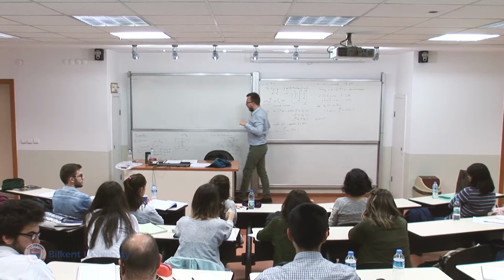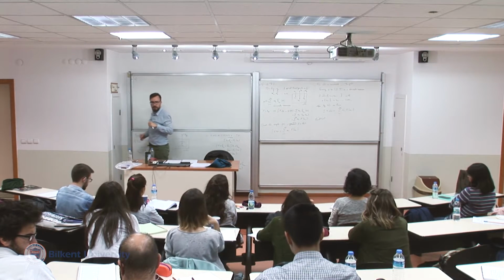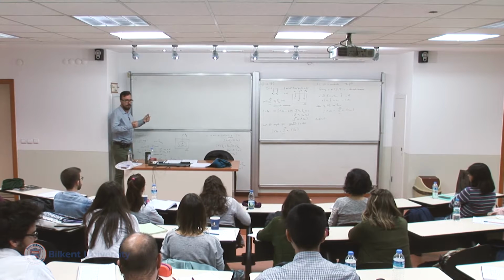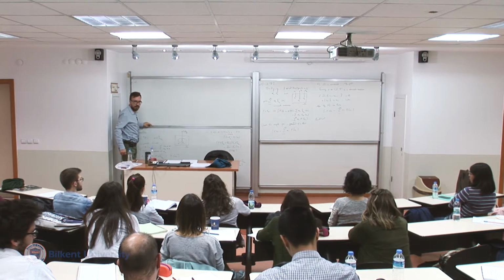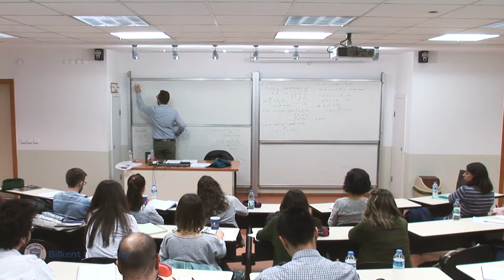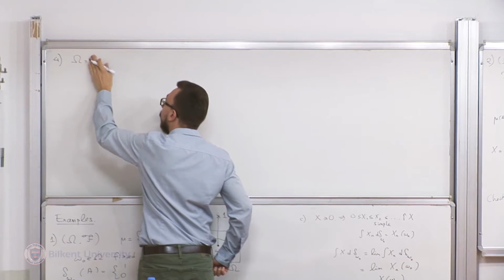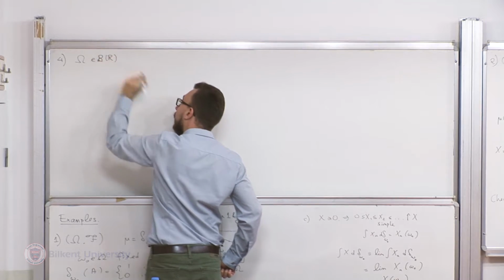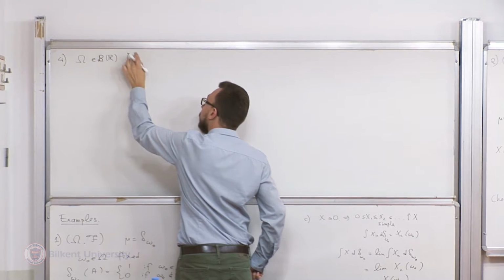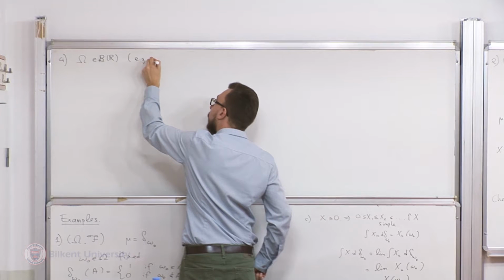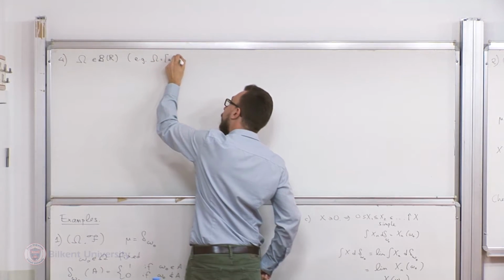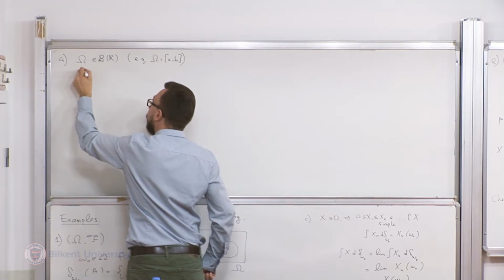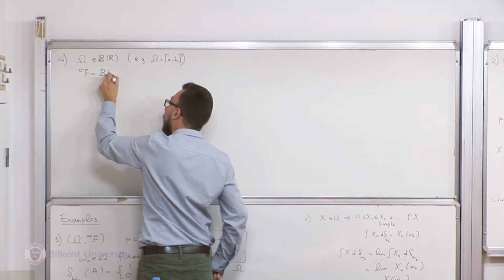So maybe these examples are too discrete, and then we should discuss a continuous example. Let's say omega is R, or let's say a Borel subset of R. For instance, let's say omega is the interval A to B. So F is the Borel sigma algebra on omega.